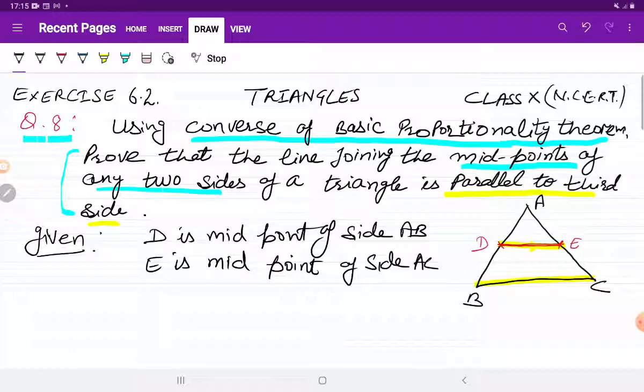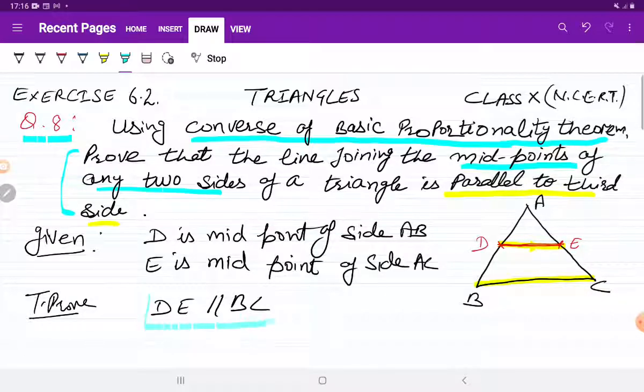And ABC is a triangle that is given here. Now come to the proof. What is to prove? Side DE is parallel to the third side, that is BC. This you have to prove.